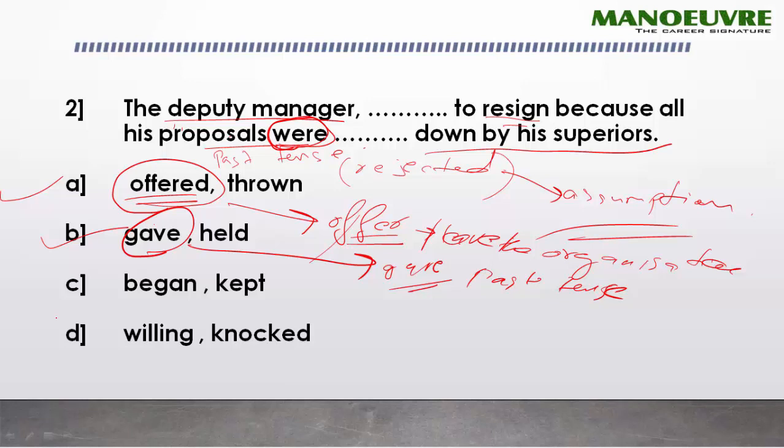The deputy manager began to resign. Is it ever possible that somebody begins to resign? The option itself is completely incorrect because we cannot begin to resign. The word begin is to start something, right? And we have already had our past tense in the sentence mentioned clearly with us, right? Were.